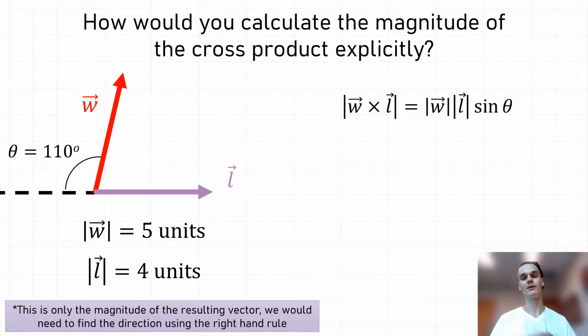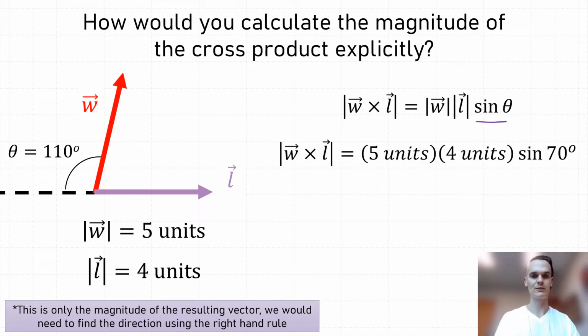We haven't figured out the direction of the cross product. Remember, the cross product outputs a vector. The cross product magnitude also uses sine and not cosine, and these are some differences between the cross product and the dot product. Let's go ahead and plug our values into our equation here.